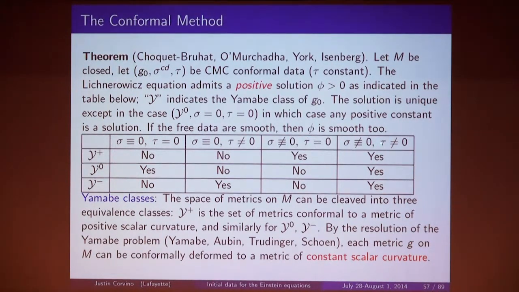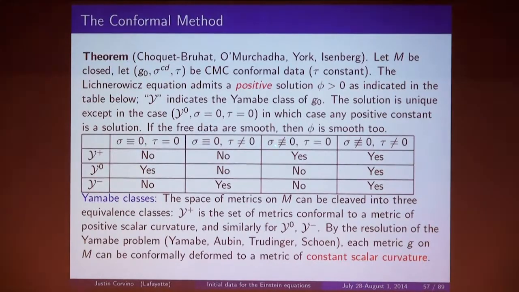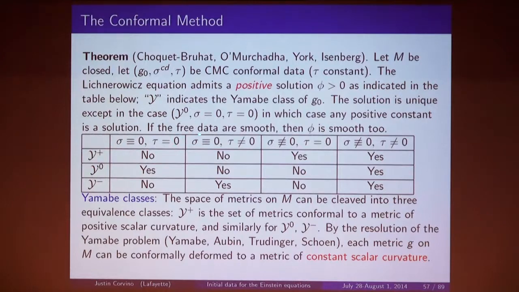Across the top are sigma and tau. So tau is a constant, so it's either 0 or it's not. Sigma is a tensor, so it's either always 0, or somewhere it's not 0, on the manifold.